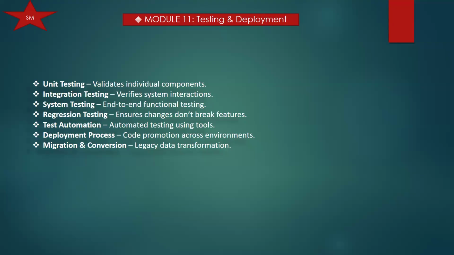This helps when any customization happens, or any new client wants to migrate from a legacy system to a new system like Guidewire. At that time we use this migration and conversion, basically the legacy data transformation.